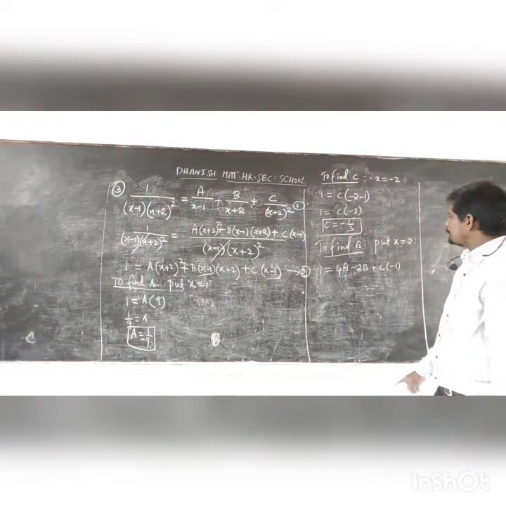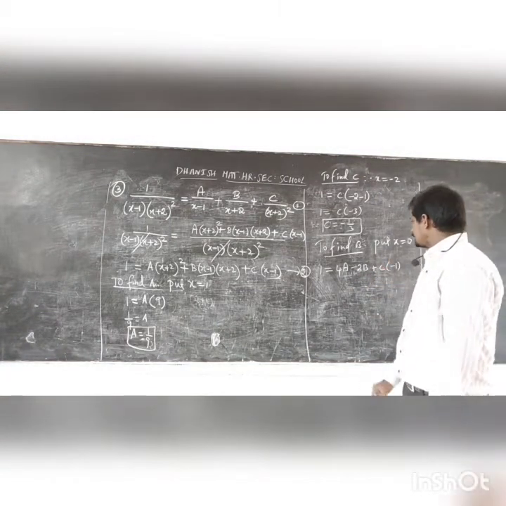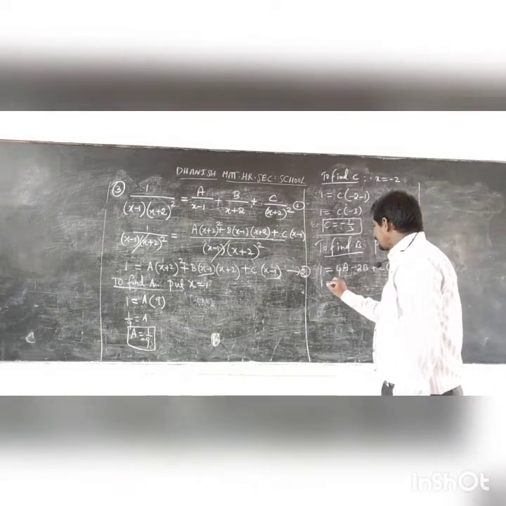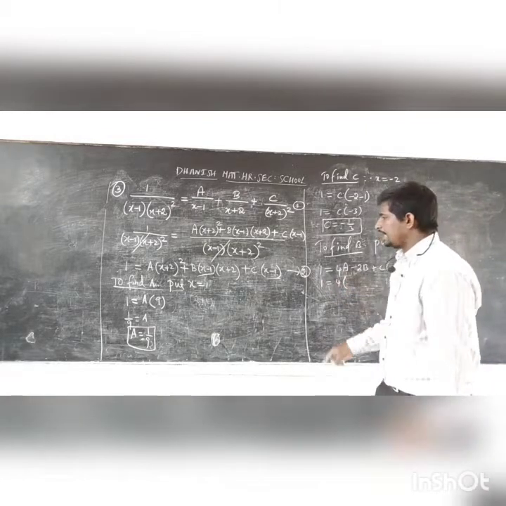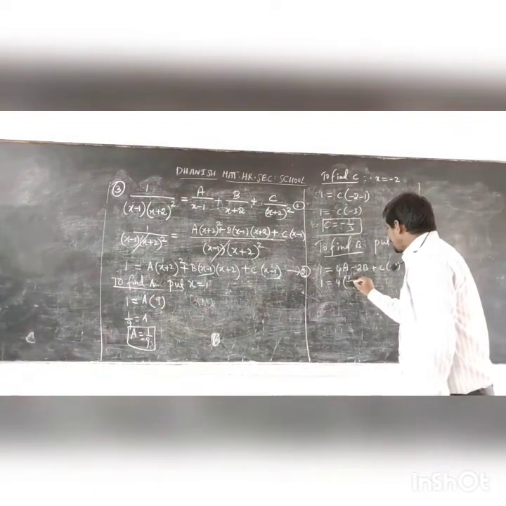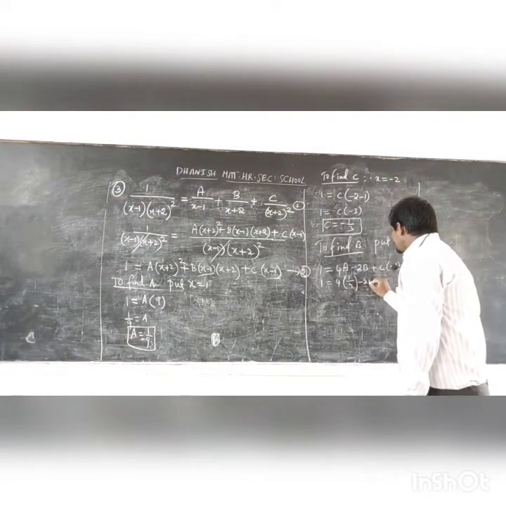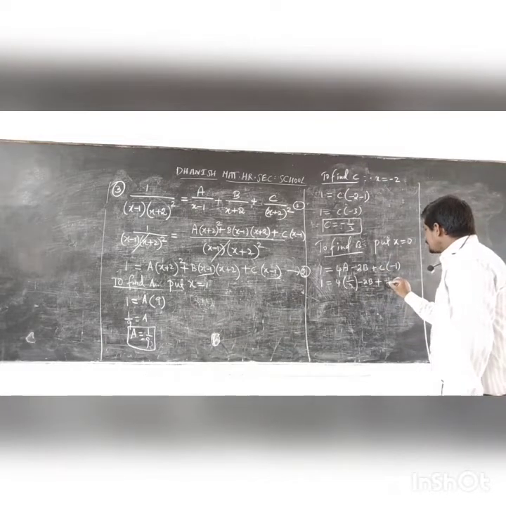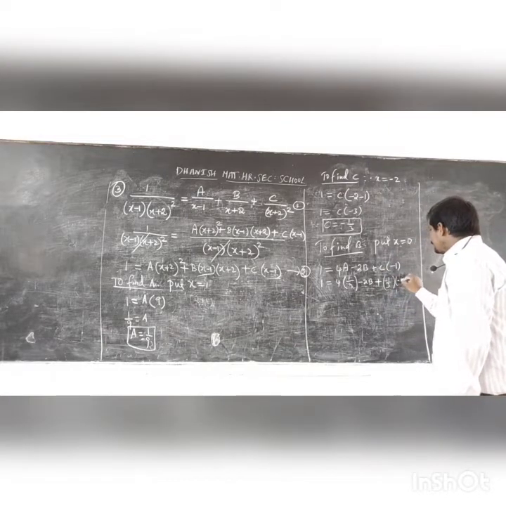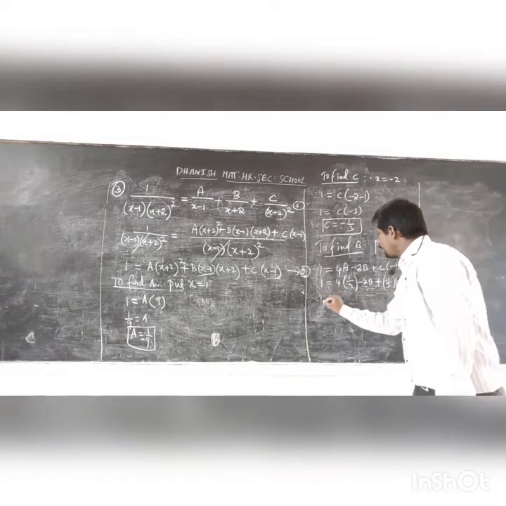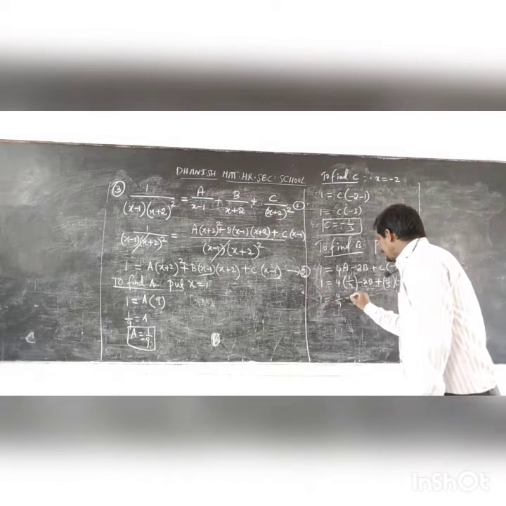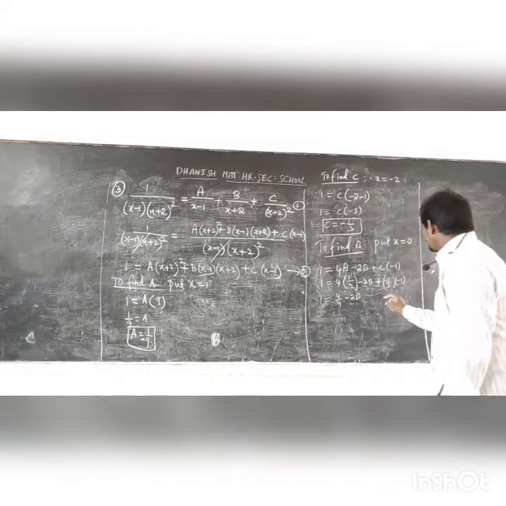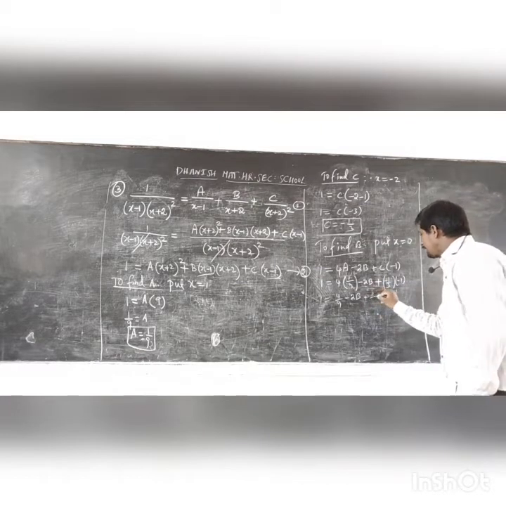Now, I am going to substitute a and c in this. So, 1 equal to 4 into a. What's our a? 1 by 9. Minus 2b plus c. What's our c? Minus 1 by 3 into minus 1. So 1 equal to 4 by 9 minus 2b plus 1 by 3.